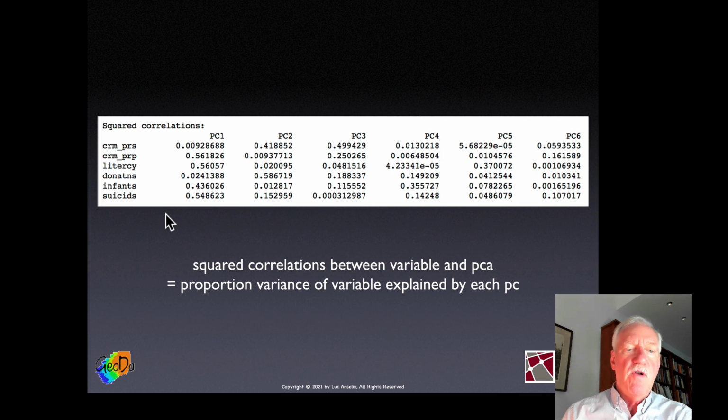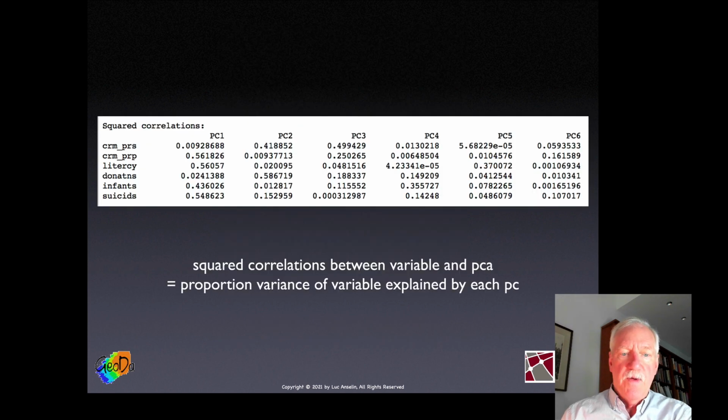And as I mentioned before, this shows us very nicely in the horizontal how the original variance, in this case, is essentially explained by principal component 2 and 3. And then in the vertical direction, we see that the contributors to principal component 1 are primarily crime against property, literacy, infants, and suicides.